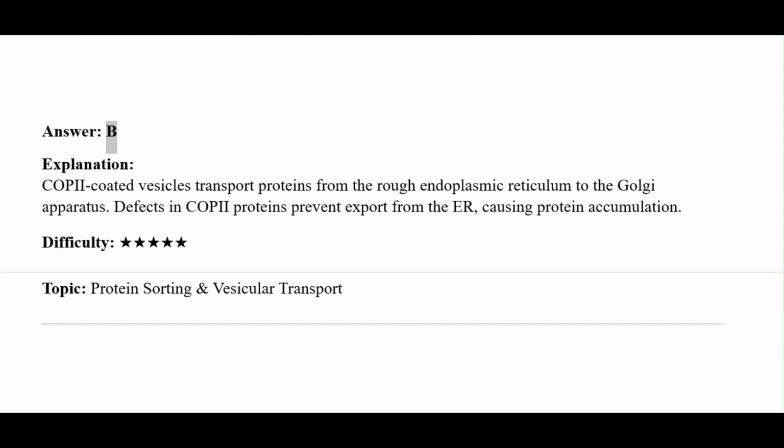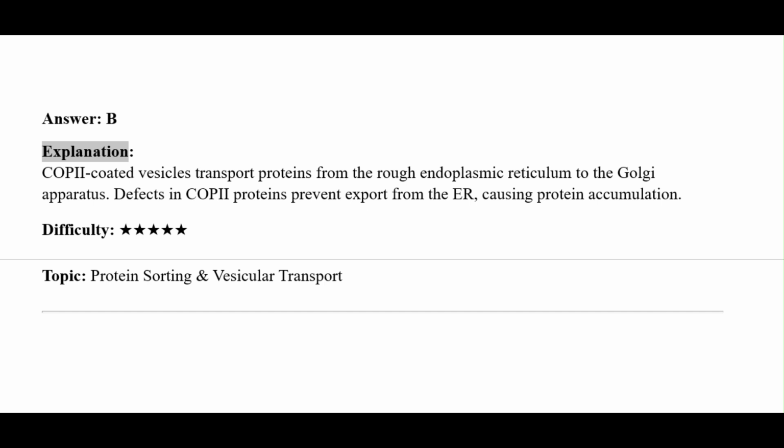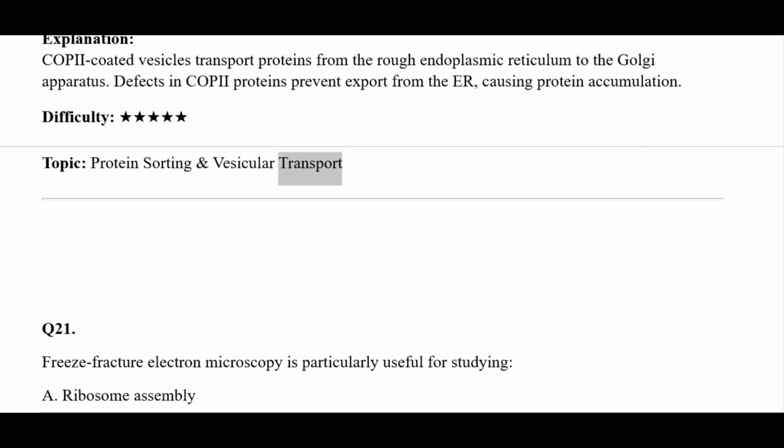Answer, B. Explanation. COPII-coated vesicles transport proteins from the rough endoplasmic reticulum to the Golgi apparatus. Defects in COPII proteins prevent export from the ER, causing protein accumulation. Difficulty. Topic: Protein sorting and vesicular transport.